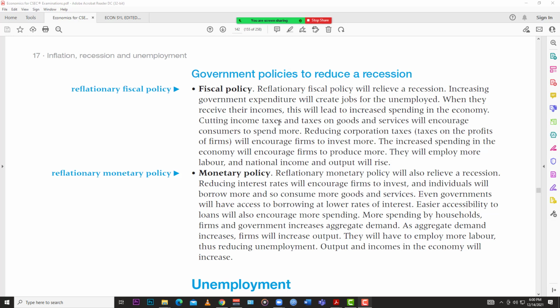Government dropped the VAT from 17% to about 5%, and that would spur spending from consumers. And that can lead to an increase in output, an increase in income, everything. So even if they reduce taxes on corporations, they can take that money and invest in the company, outfit the company, and then increase the job allotment.